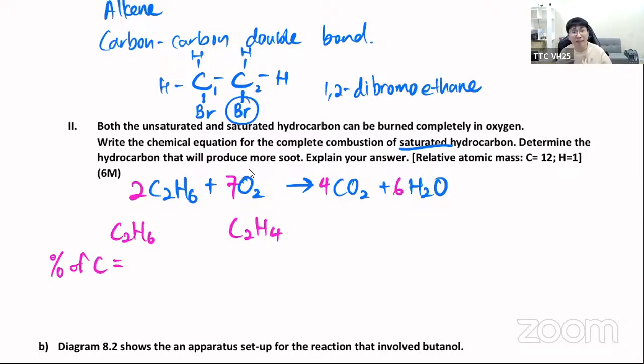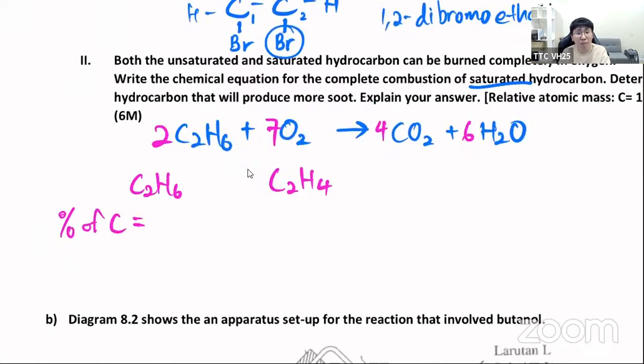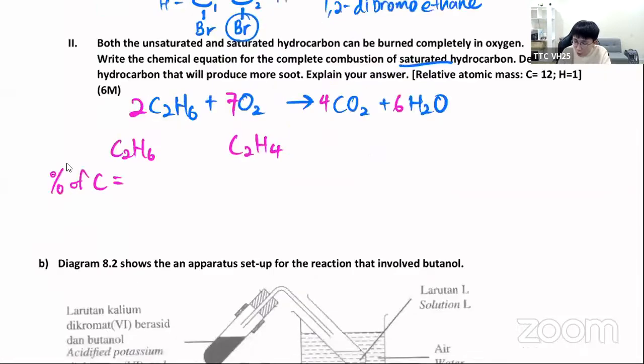Just like how I find percentage of my result, whatever I score over 100, correct? So how to find percentage of carbon is to take mass of carbon over total mass. How many carbon do we have in C2H6? I got 2. So 1 C is 12, 1 H is 1.